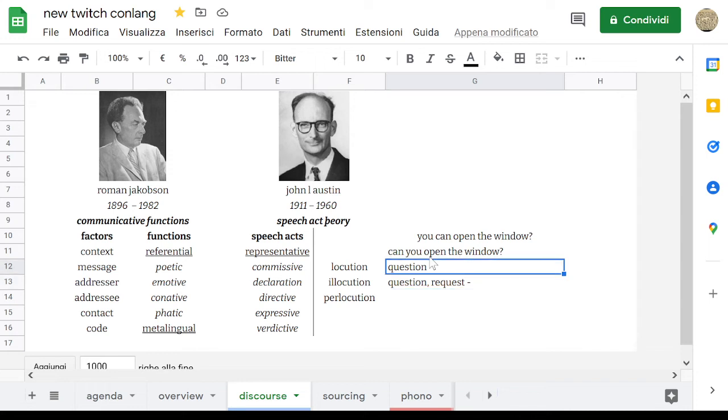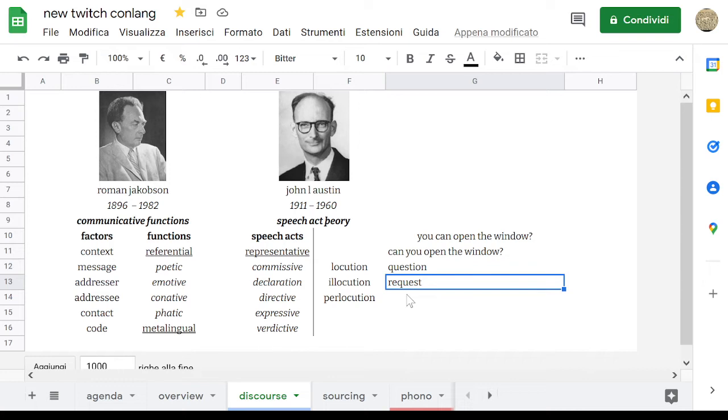We've said, can you open the window? The locution was a question. But more often than not, this kind of question is actually a request. We just haven't made it direct. We haven't said, open the window, please. That would be a bit more direct. The locution and the illocution would be the same there. But here, the locution is a question, but the illocution is a request. So that is the illocutionary level.